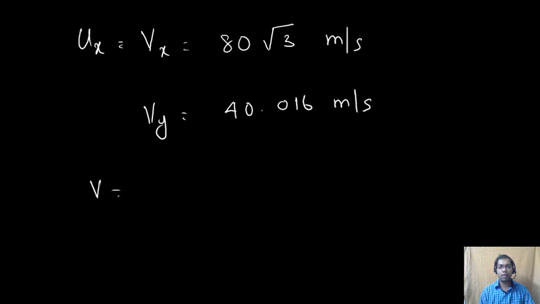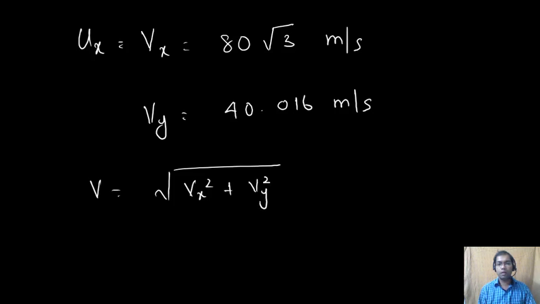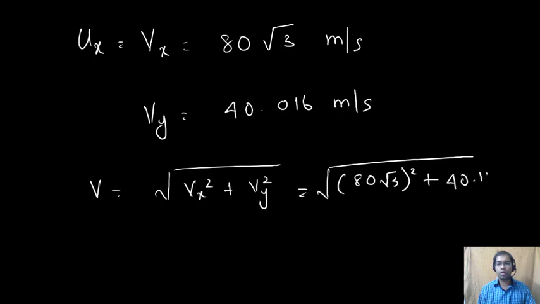So the total velocity can be taken as root of Vx square plus Vy square, which is nothing but root of 80 root 3 the whole square plus 40.016 the whole square.